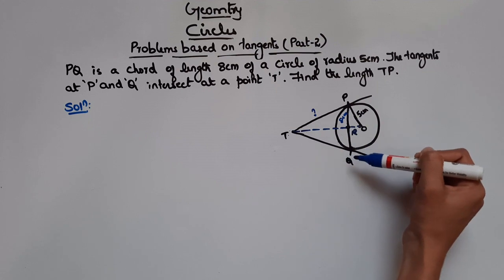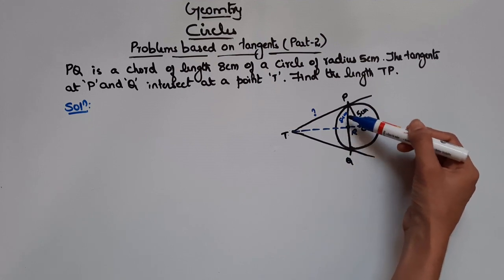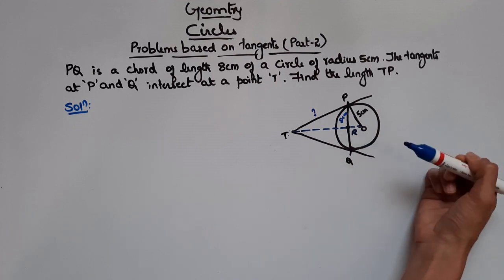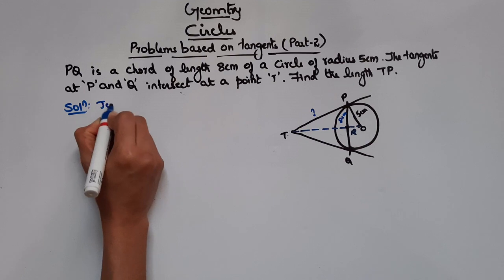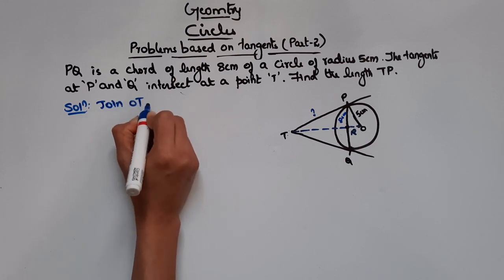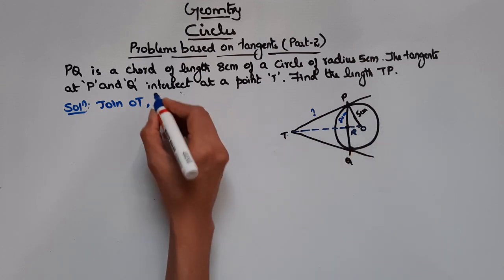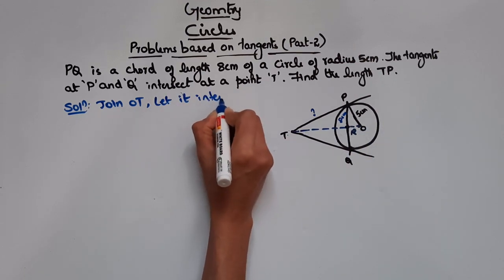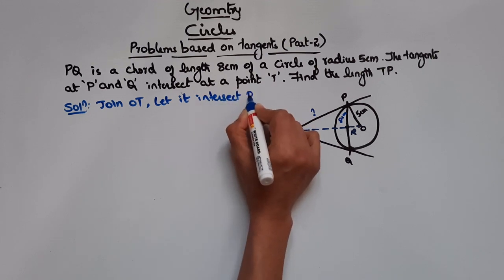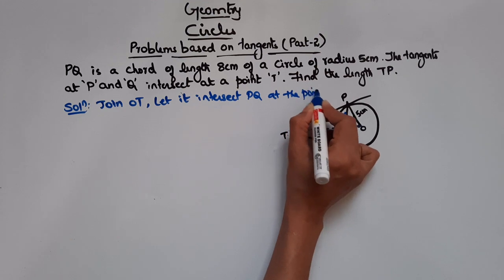We know PQ is 8 centimeter. So therefore PR will be 4 and RQ will be 4, right? So first let's write that. Join OT. Let this OT intersect this chord PQ at the point R, right?